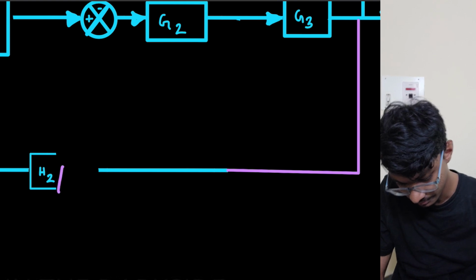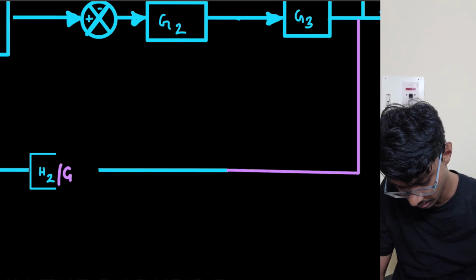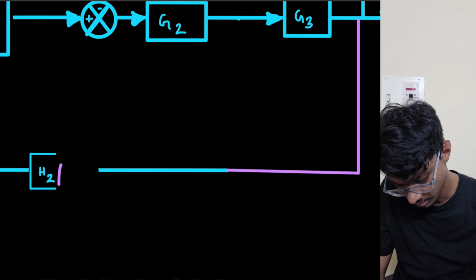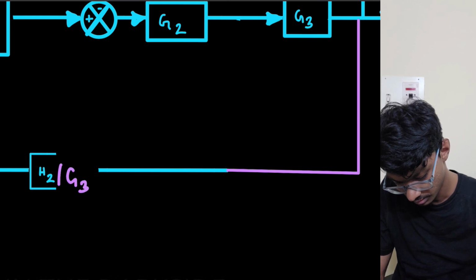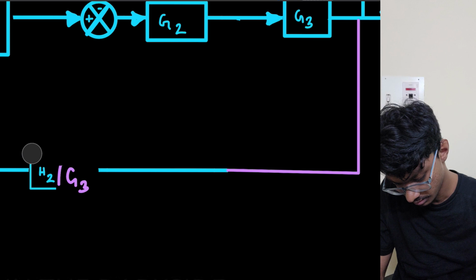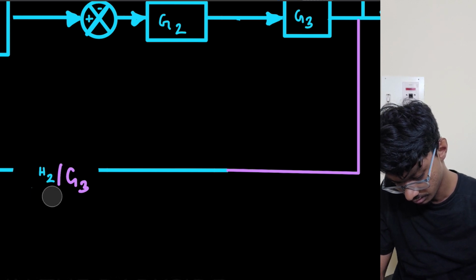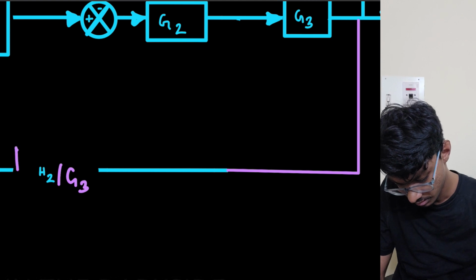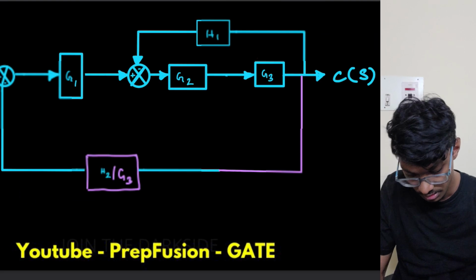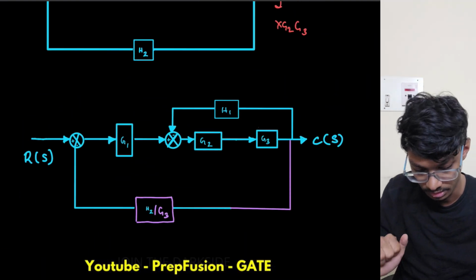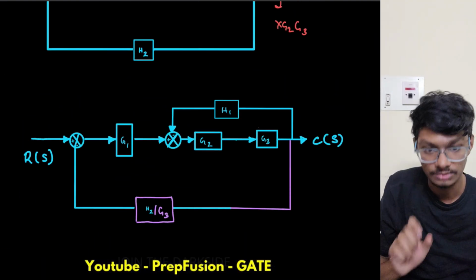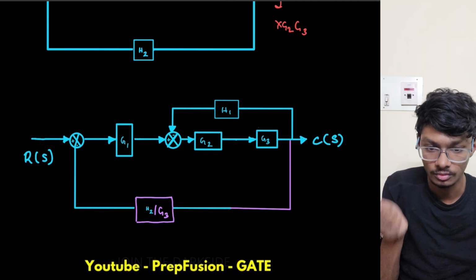Divide by g3. So h2 by g3 will be our answer here. This one will change from h2 to h2 by g3.